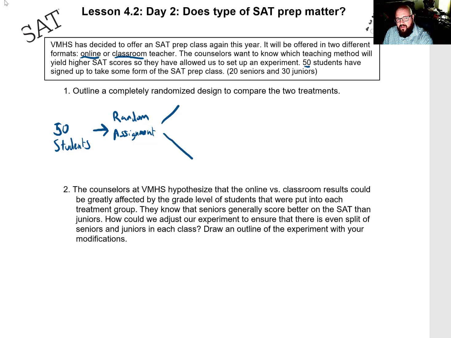So, of course, we're going to take group 1, which is going to be 25 students. And we're going to have group 2, which is going to be our other 25 students.